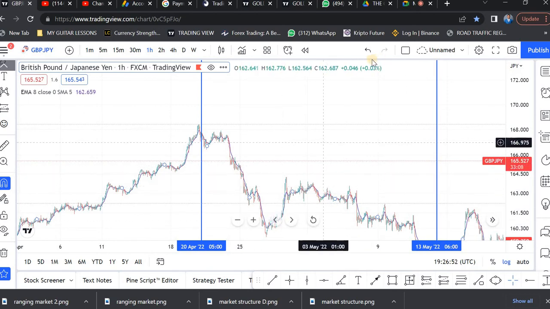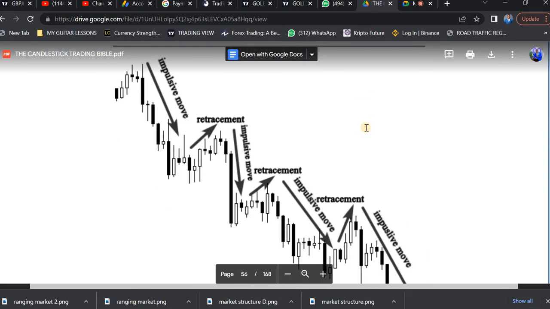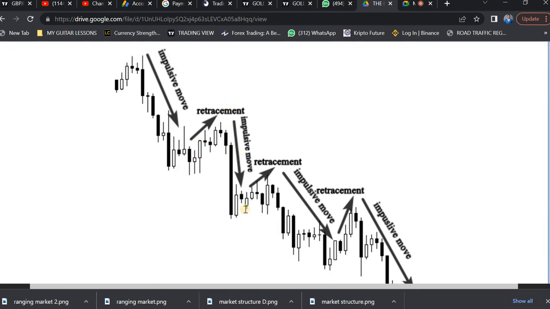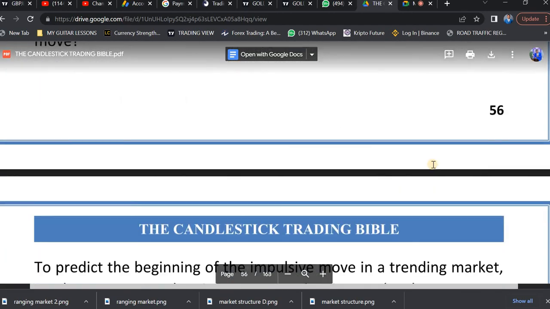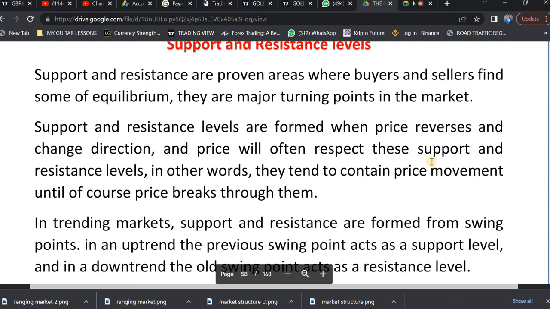So that is how a downtrend market works. That is the structure of a downtrend market. An impulsive move down, then retracement up, an impulsive move down, retracement up, impulsive move down, retracement up. So those are the characteristics of a downtrend market.